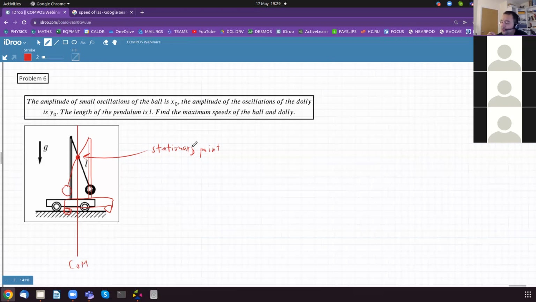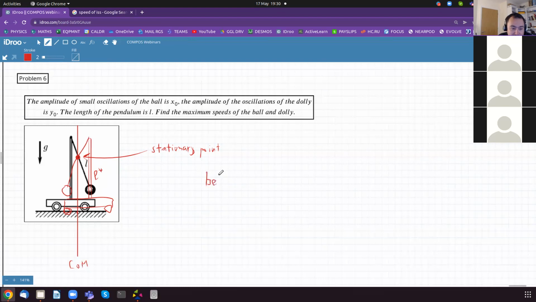And because this point will not move, we can consider this pendulum as just being a shorter pendulum, of length, let's call it L star. L star is this length.